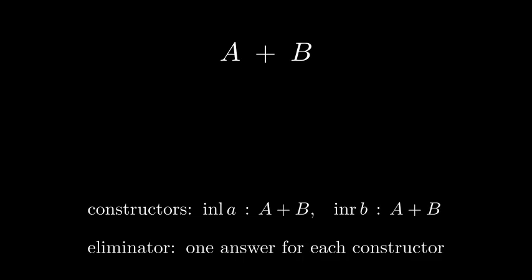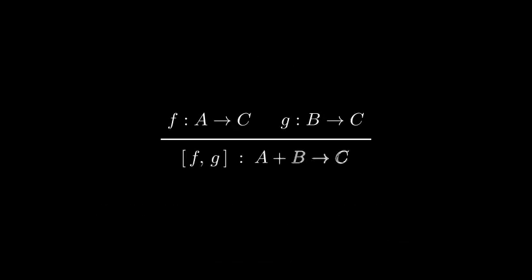To use a value, you can't peek inside until you know which constructor built it. So you supply one answer per case. Concretely, hand the eliminator a function from A to some target C and a function from B to the same C. The two combine into a single function from A plus B to C.